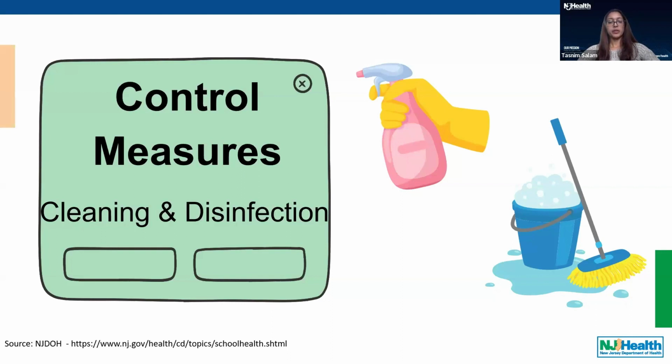For example, for stainless steel, food and mouth contact items, and toys, you would use 1 tablespoon of bleach in a gallon of water. For non-porous surfaces, tile floors, countertops, sinks, and toilets, you would use 1/3 cup of bleach in a gallon of water. And for porous surfaces and wooden floors, you would use 1.5 cups of bleach in a gallon of water.